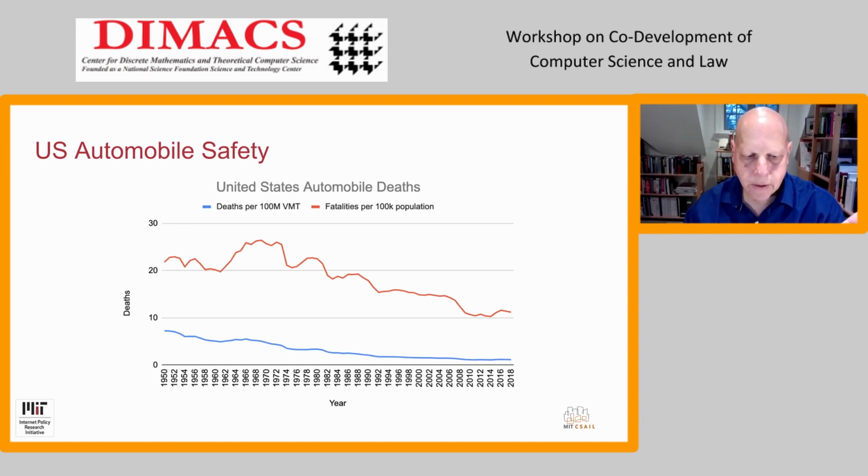Over the last 70 years, there's been a pretty substantial decline in automobile fatalities, both as a proportion of population and vehicle miles driven. And that's happened because of this evolving dynamic of continually setting new standards for safety and continually doing research on what are the most important safety features to put in place.